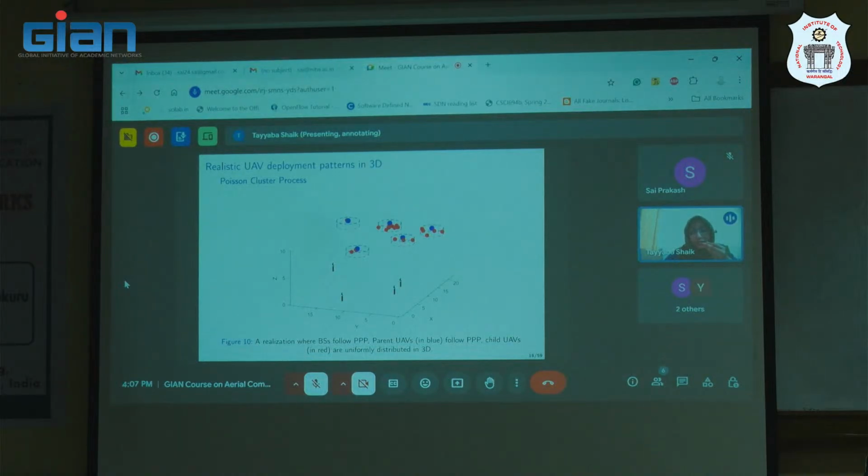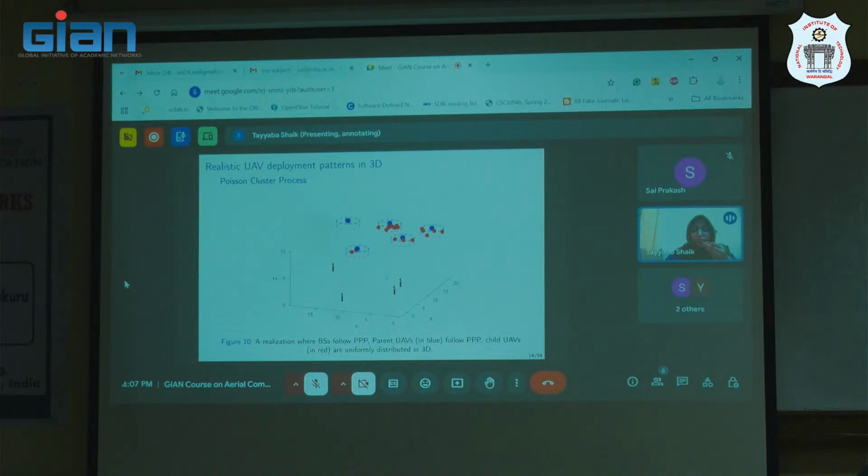Using this model, what people have done in the literature is study the performance seen at a UAV, assuming that all the UAVs are being served by the base station. So this is one mathematical model people use.